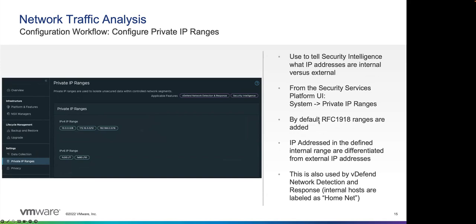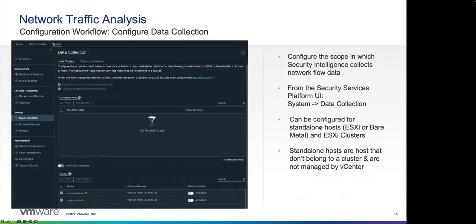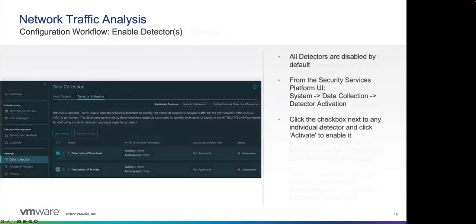We want to get down to the actual network ranges that you're using. Then we want to make sure we go through data collection, which is where we have all your detector activation. You can click on this box right here and activate them all at once, and then go through each one and go from the out-of-the-box settings and make them more realistic for your environment.